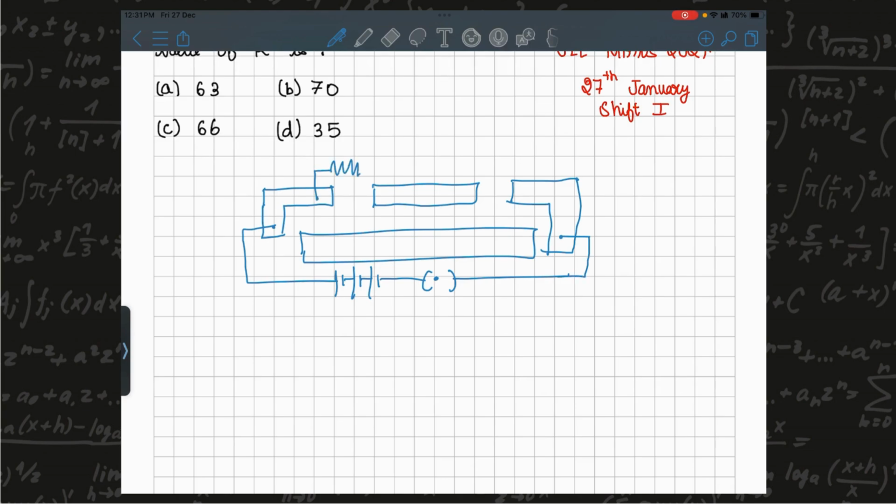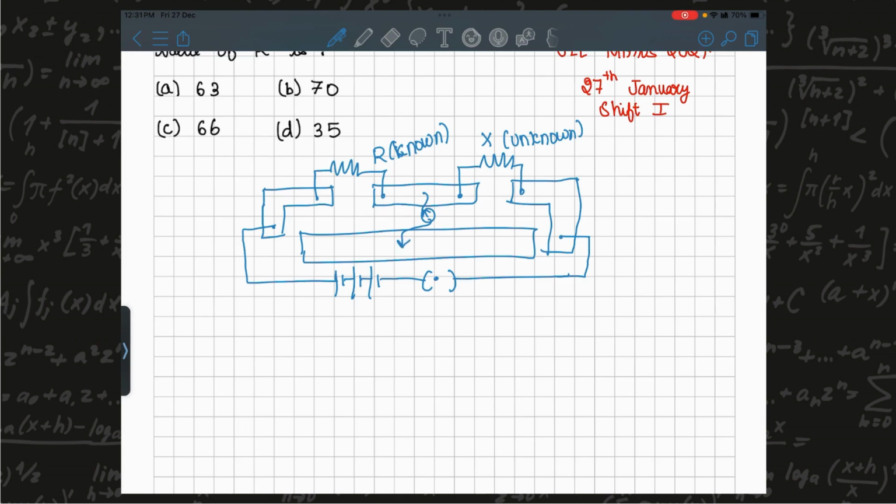So here is where your known resistance will be placed, and here we'll be placing our unknown resistance. Say this is X and this is R. This one is known, and this one is unknown. And here is where our galvanometer will be placed, and this is the null point.